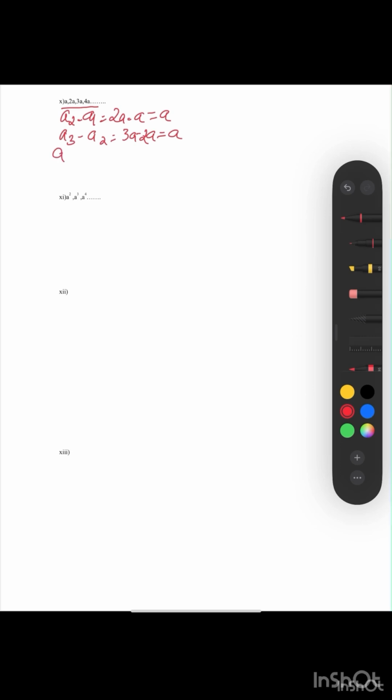So the fifth term a5 I have to find out. a5 will become a plus 4 into d. a5 is equal to a plus 4d.